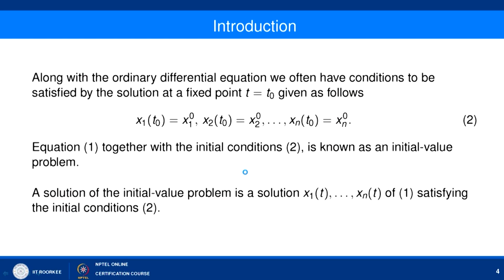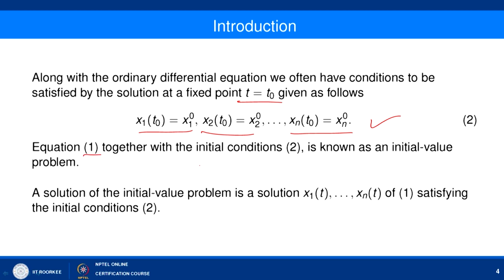Most of the time, along with the ordinary differential equation, we have conditions to be satisfied by the solution at a fixed point, say t = t0, which can be written as x1(t0) = x1^0, x2(t0) = x2^0, and so on, xn(t0) = xn^0. Equation 1 along with the conditions defined at t = t0 are generally called initial conditions.